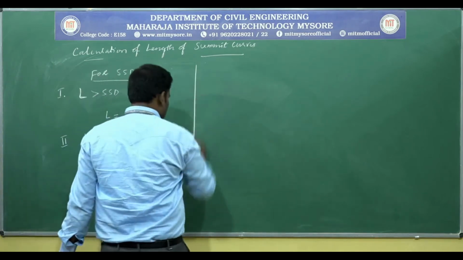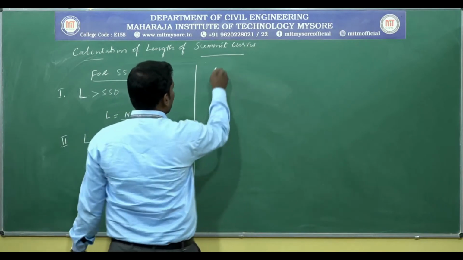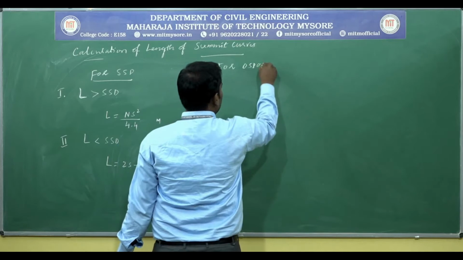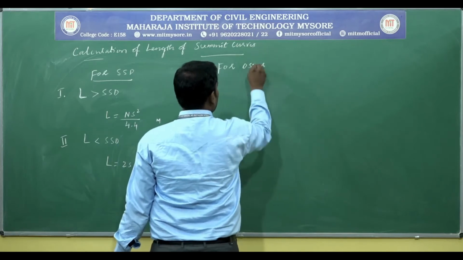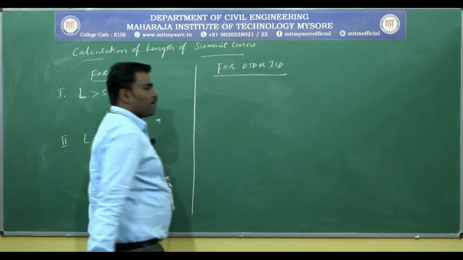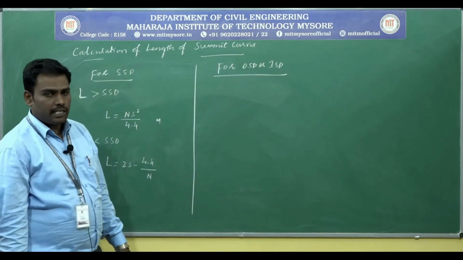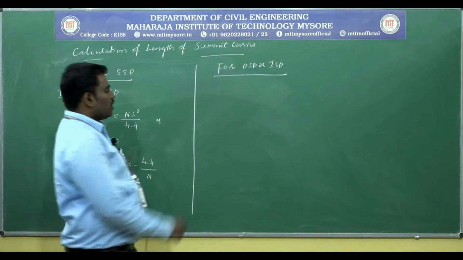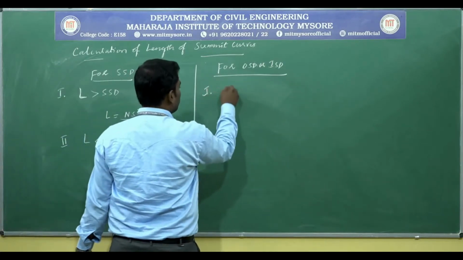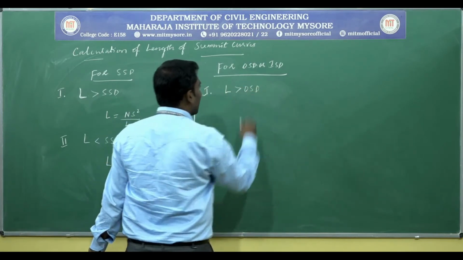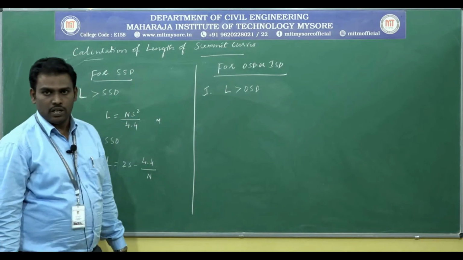Now for overtaking sight distance or intermediate sight distance, OSD or ISD, here also there are two assumptions. First case, we assume length of summit curve greater than overtaking sight distance or intermediate sight distance.